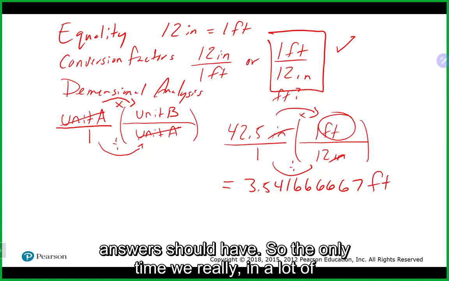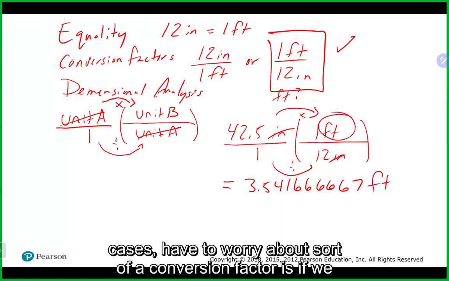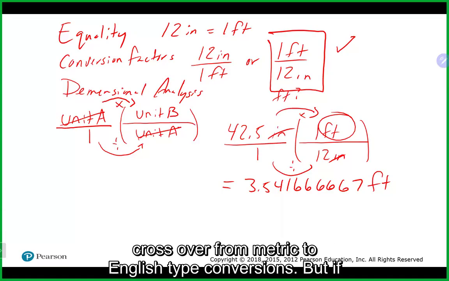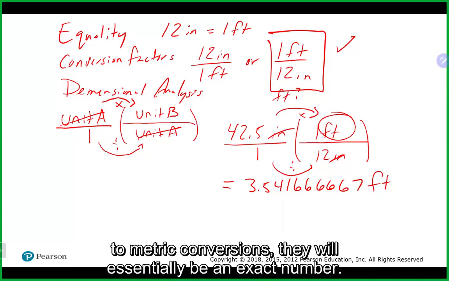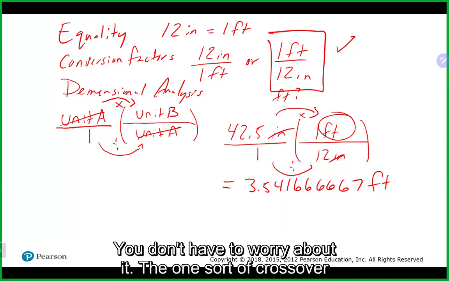The only time we really, in a lot of cases, have to worry about a conversion factor is if we cross over from metric to English type conversions. But English to English or metric to metric conversions will essentially be exact numbers. You don't have to worry about it.